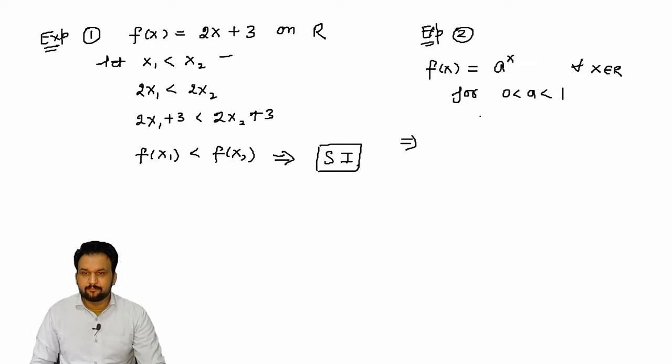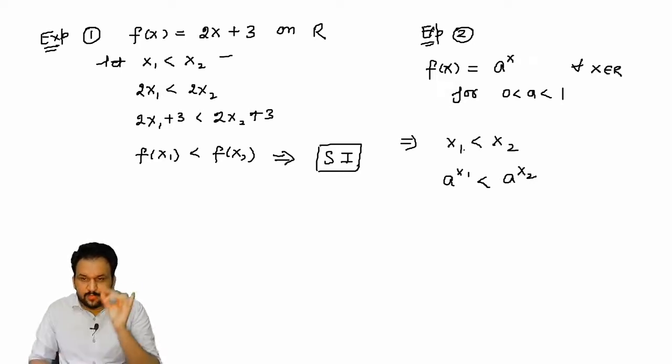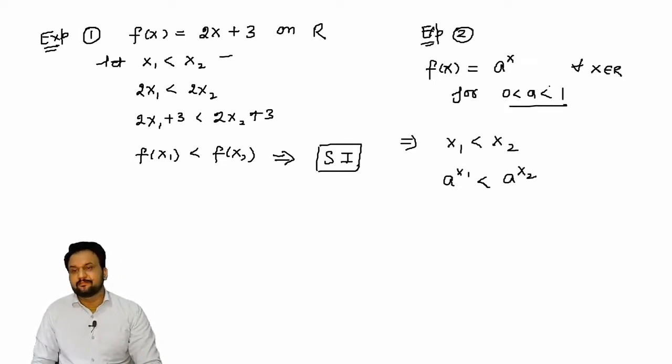So if you take the function a raised to power x, and x1 is less than x2, then we compare a raised to x1 and a raised to x2. Now listen to me, what is a actually? a has a value from 0 to 1, less than 1.